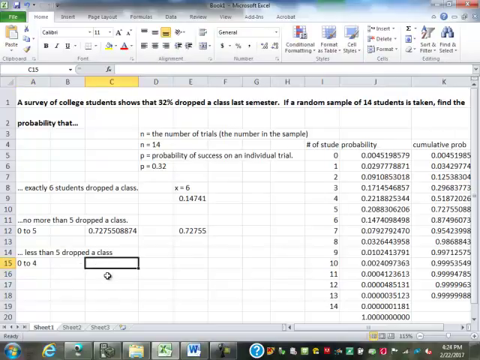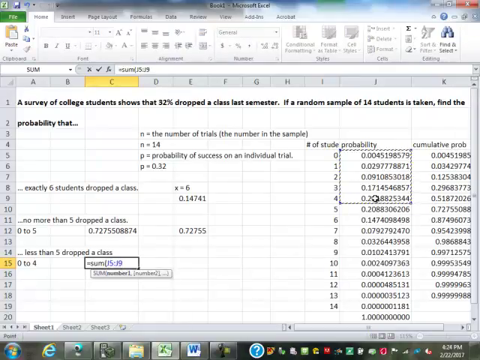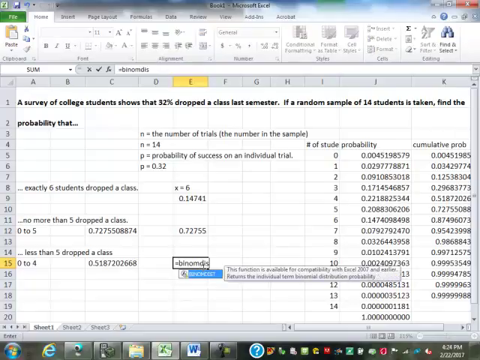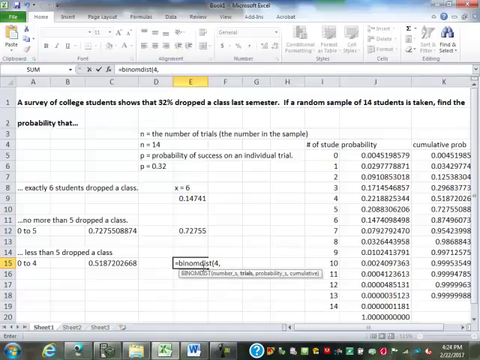So there we would have to add up the 0 to 4, which we could do over here. Or we could look, that'd be the same as the cumulative probability for 4. So the function we would type in would be equals binomial dist. Only 4 successes. Even though it says less than 5, that does not include 5. So we can only go up to 4. 14, 0.32. And this would again be true because we want 0, 1, 2, 3, 4. So all the way up to 4.